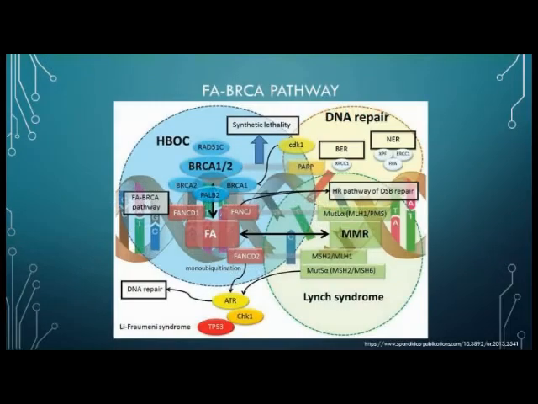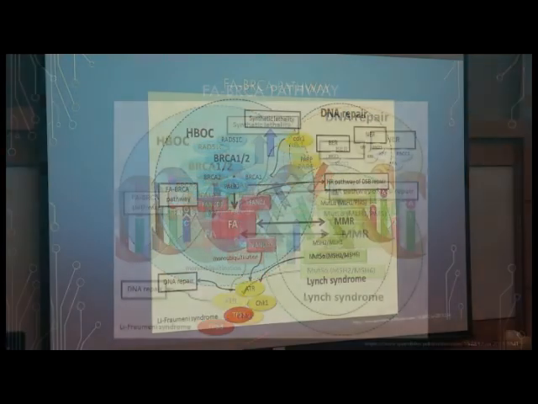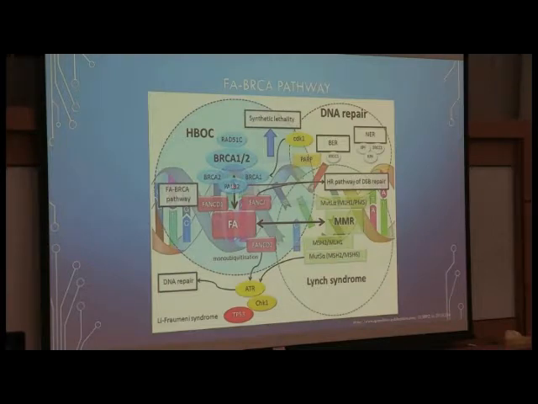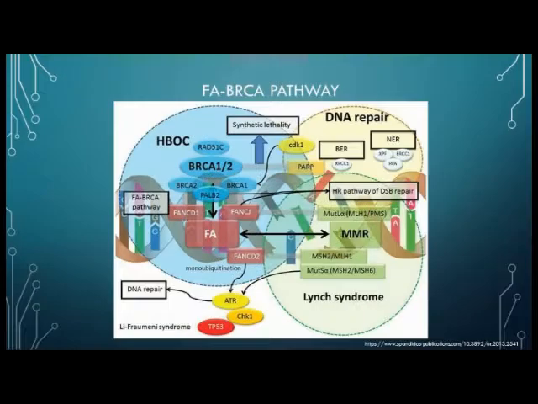So I include this slide only to prove a point that it's very complicated. So you've got your BRCA, BRIP1 comes in here even though it's not on the chart, your RAD51, Lynch is over here, TP53. Everything's related with all these mutations, and it's all interacting with each other, so it can get pretty complicated on what causes what.